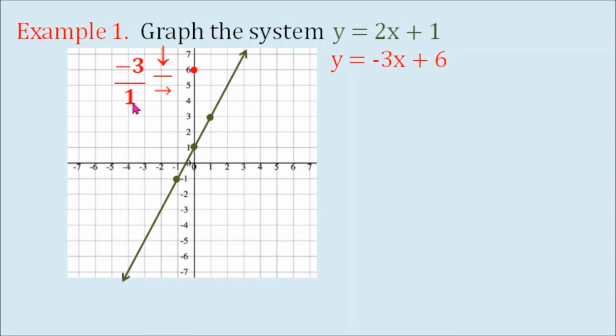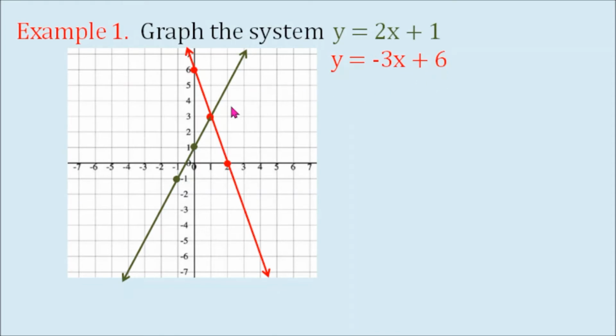And then this denominator 1 is the run or the horizontal movement. So we go down 3 units and 1 unit to the right. We have another point here. And then we can add more points by moving 3 units down and 1 unit right. Now connecting these points with a straight line, we have the graph of y equals negative 3x plus 6.